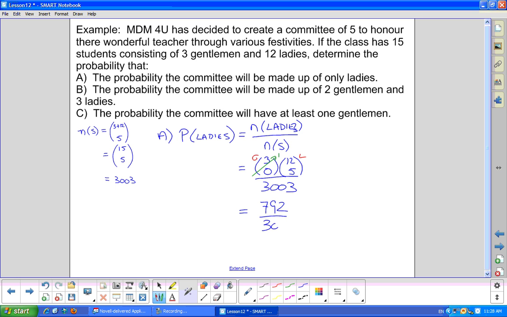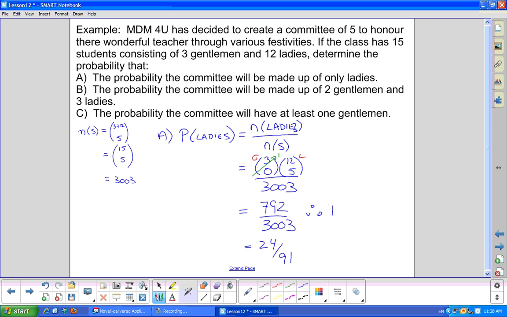That's over 3,003. In this case, reducing it, some calculators can handle it, some won't. You get 24 over 91. If you can't reduce or you don't want to, make sure you convert it to a decimal or percentage. Either is acceptable.